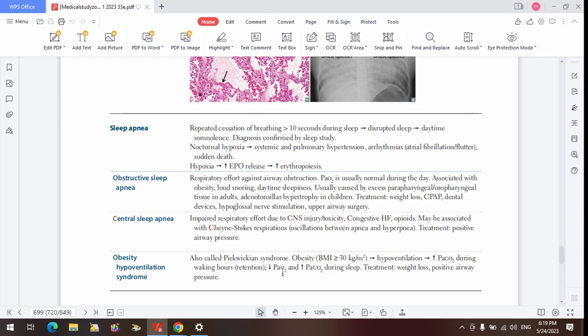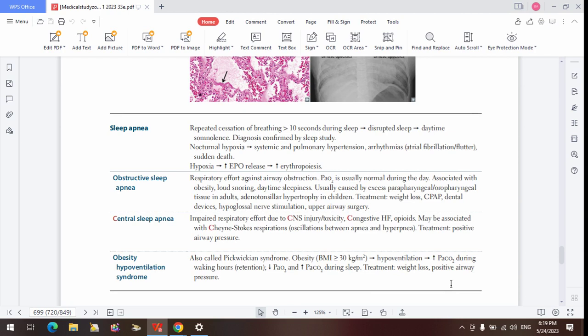And if you do the arterial blood gas at sleep, you are going to notice a reduction in the oxygen and an increase in the PCO2. So what you can do is just to treat the obesity, you encourage weight loss, and give them positive airway pressure so that I can drive air in and out and reduce the level of CO2 and increase the level of oxygen.